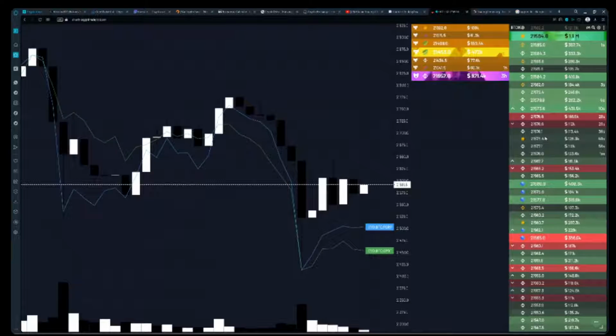So what have I got here? I've set myself a little template up. Obviously, I've got my volume. Now these lines here, I've got cumulative volume delta for spot and for perpetuals.